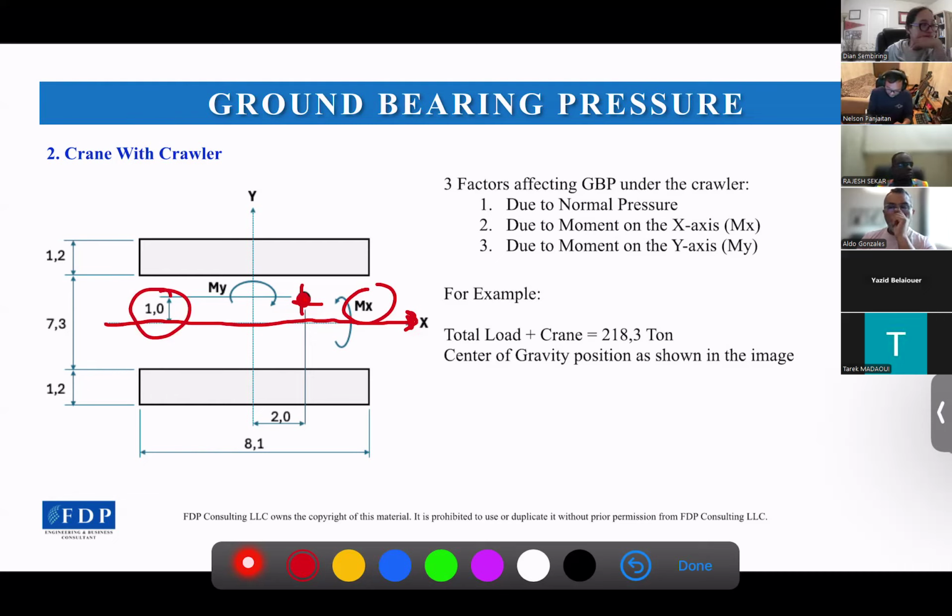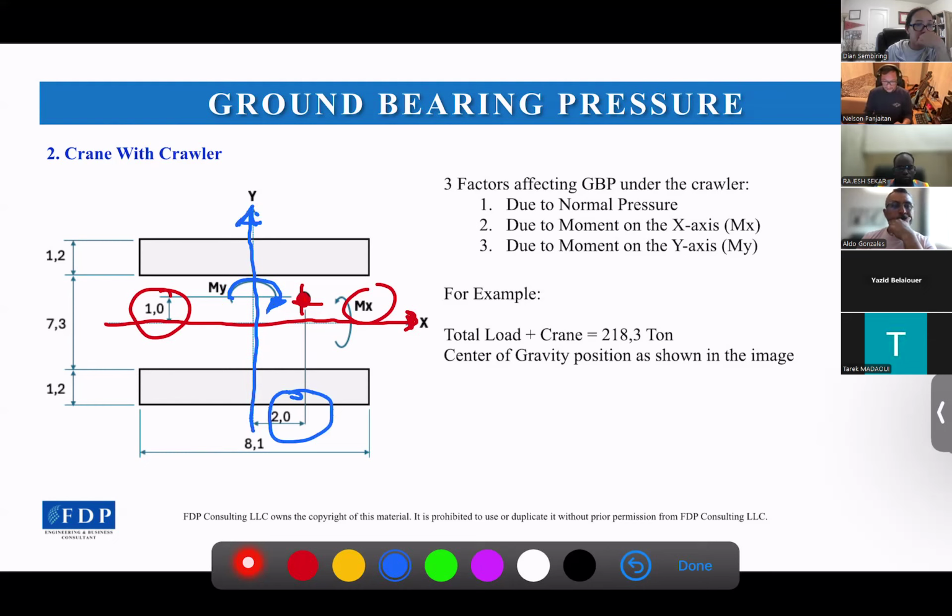And for the moment y, the center of the axis is this. The center of the rotation is this. Then the offset we use is this 2 meters.